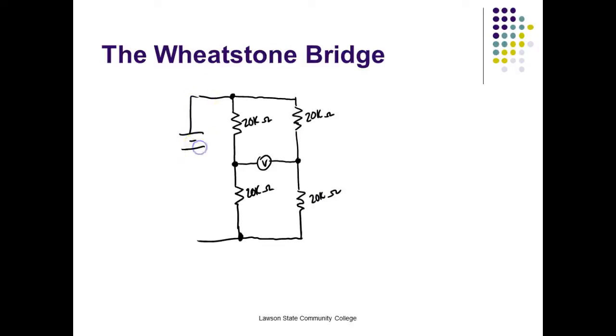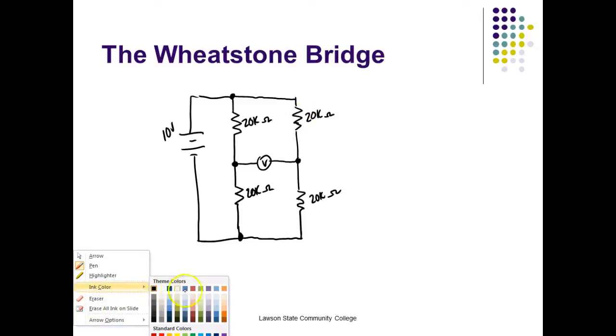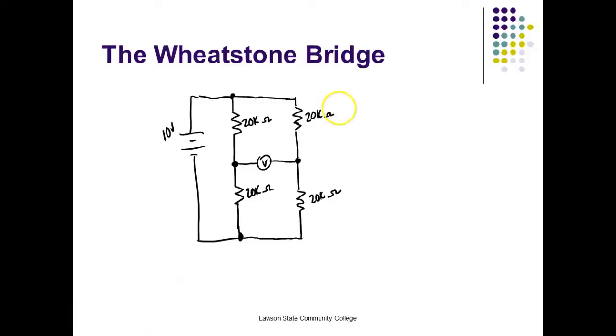So to make this easy, I'm going to put this across a 10-volt source. That means each one of these resistors has to drop the same voltage, and the sums of those voltage drops have to be equal to the applied voltage. So this resistor up here is dropping 5 volts, and this resistor right here is dropping 5 volts.